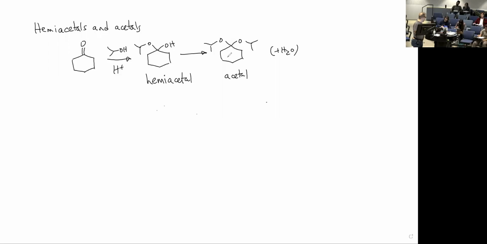We don't have the alpha and beta thing going on. This carbon here is not chiral, so there's no issue of multiple products. But this is very analogous to glycoside formation. So that's something that this should be from chapter 9.